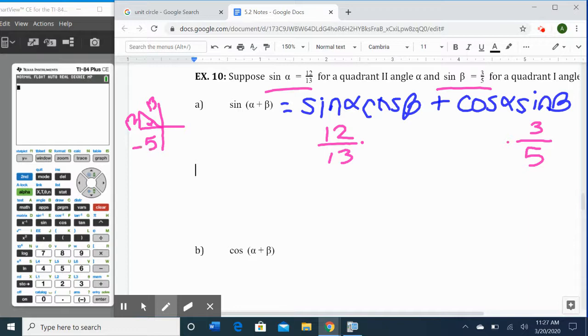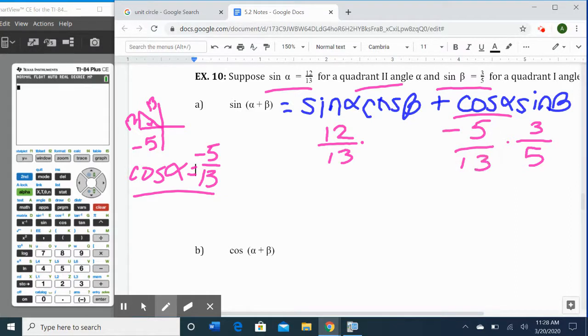But I am going to the left, so it is important. The fact that they say it's in quadrant 2 means that that 5 is negative. So the cosine of alpha is adjacent over hypotenuse, negative 5/13. Please make sure that you plug that into the right spot. The cosine of alpha is over here, negative 5/13.